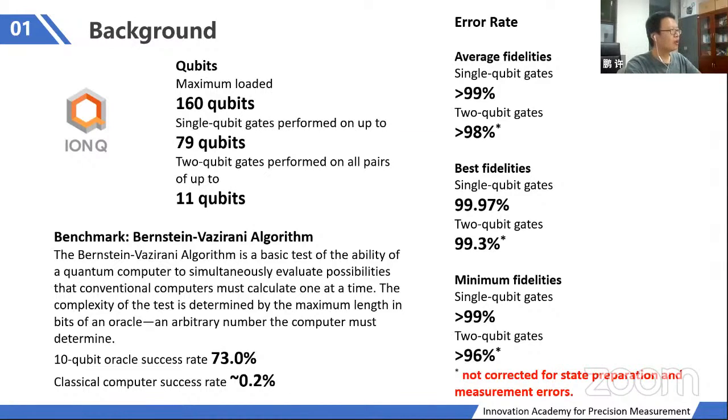But until now, I think it is IonQ who are doing the best in the trapped ion system. They have realized fidelities for single qubit gates and 2 qubit gates, and they also demonstrate some benchmarks.